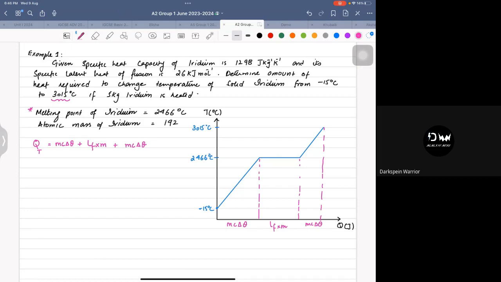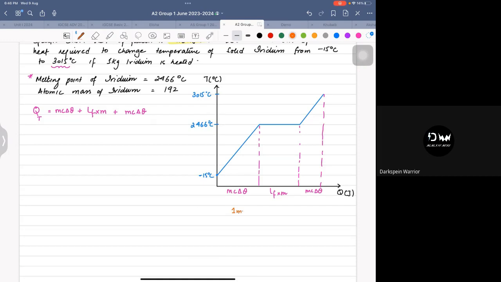But there is another problem. If you notice, this question has latent heat of fusion in kilojoules per mole. We've got to do something about that because we want it in kg. Now we need a symbol exchange. Let me tell you how.